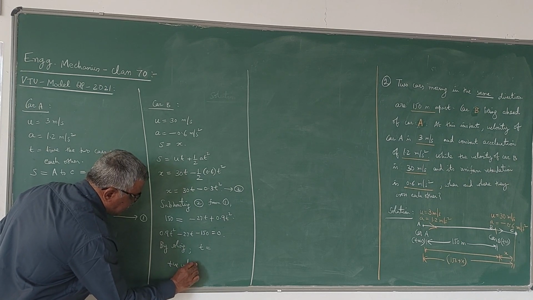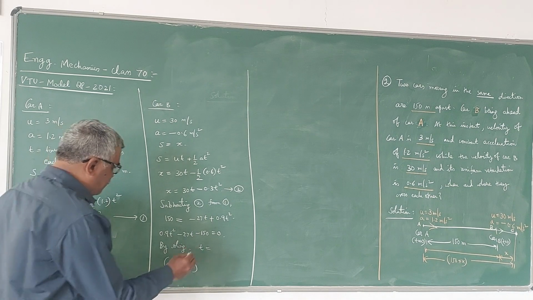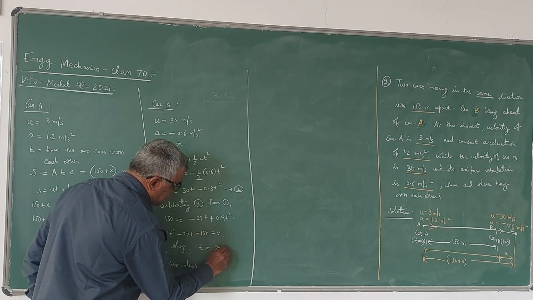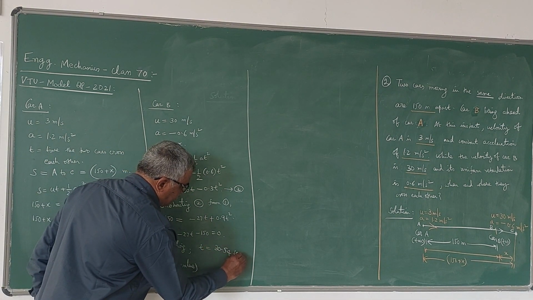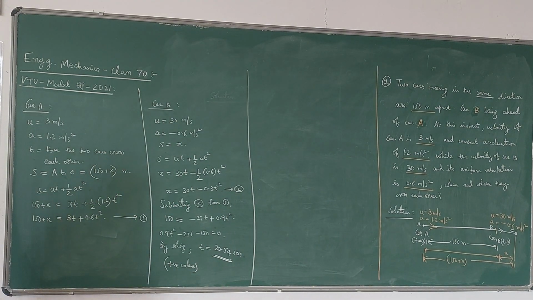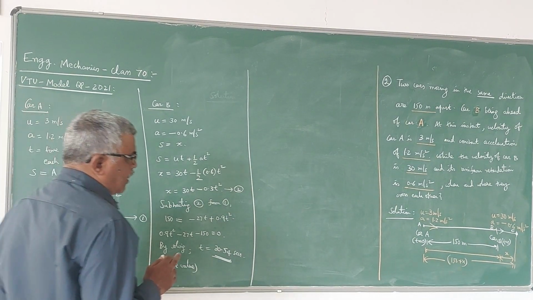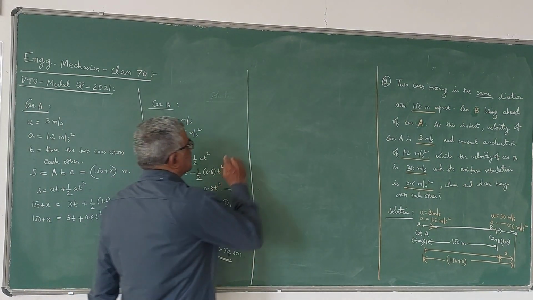You will get one negative value and one positive value. Consider the positive value of t, you are going to get 30.54 seconds. So that means the two cars A and B will cross each other after 30.54 seconds.